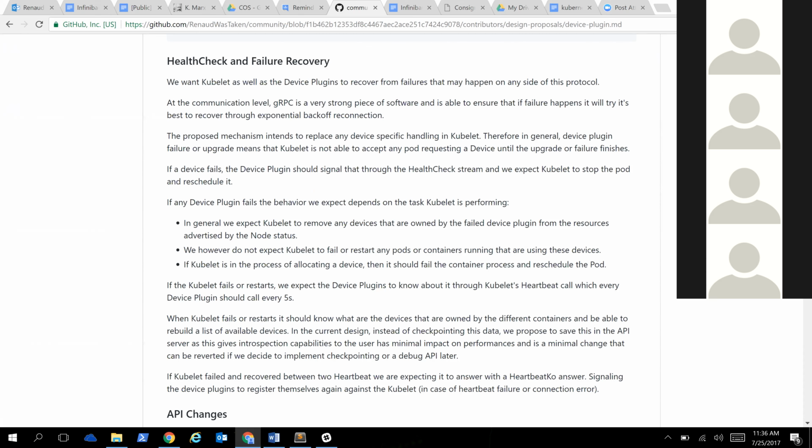If, however, containers are already running, we should not stop them unless they fail. The basic idea is that if device plugins are not here, since they are in charge of allocating devices, then there's probably something wrong, or maybe we're just updating. But in that case, we should not be able to allocate, or we should not even advertise those devices.